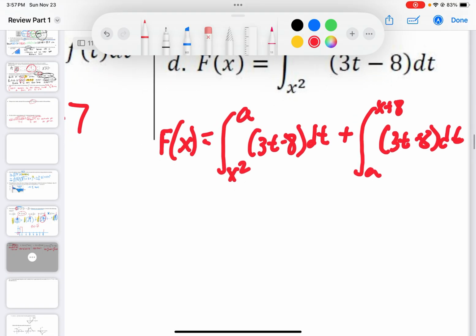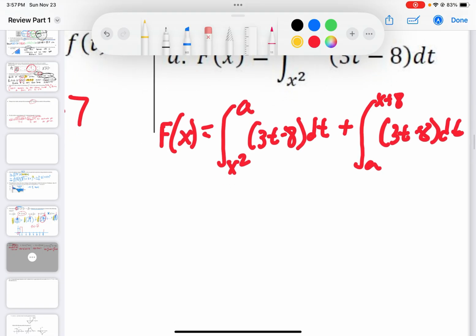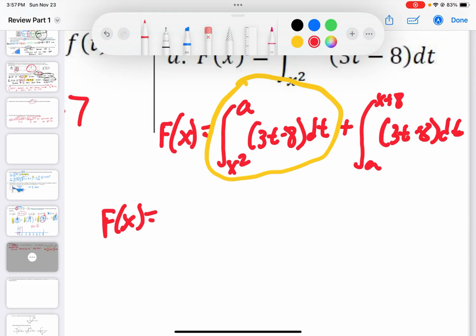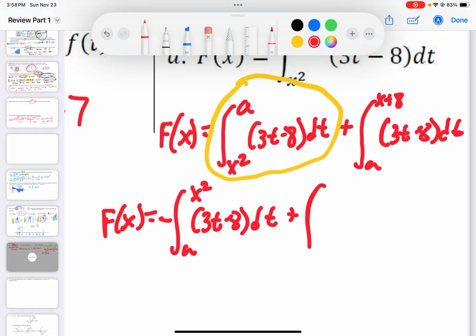And now we just do the same thing. With my properties, I can flip this. I'm still just saying this is f, not f prime. Flip that, it'd be a to x squared, but it's negative 3t minus 8 dt, plus the integral from a to x plus 8, 3t minus 8 dt.